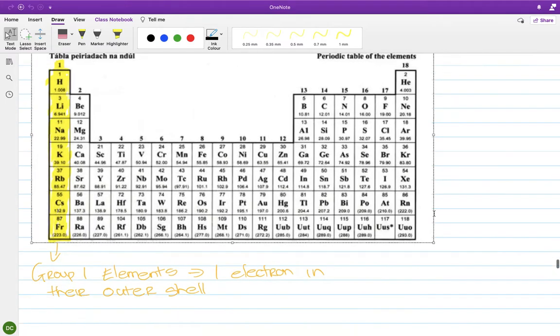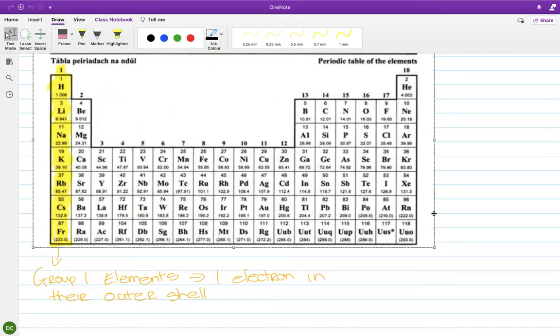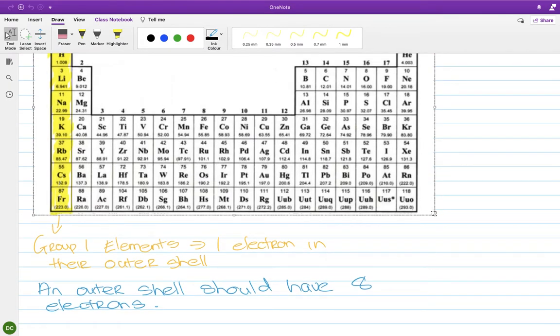An outer shell should have 8 electrons, so to fill up the outer shell, group 1 elements either need to get 7 from somewhere else or lose 1.